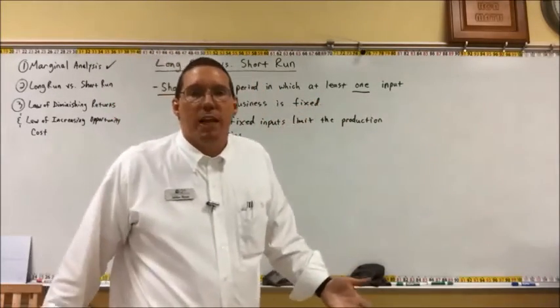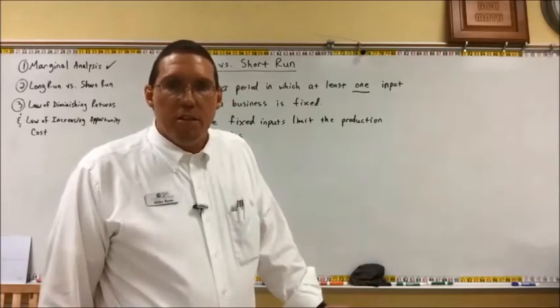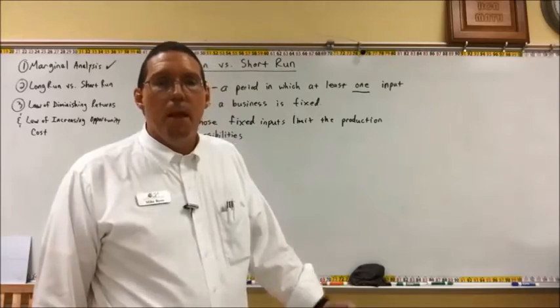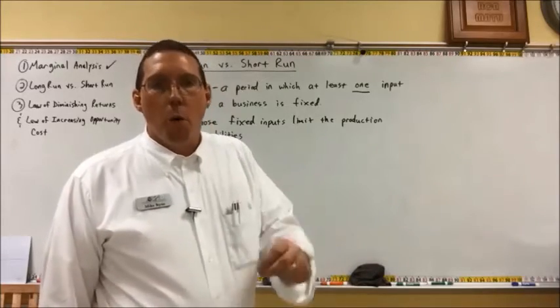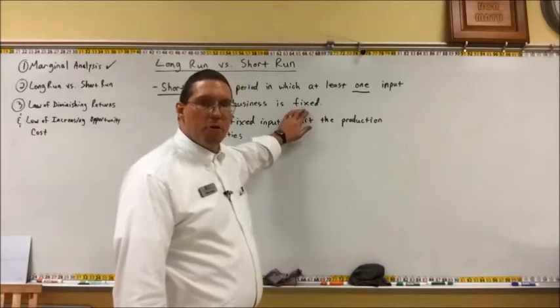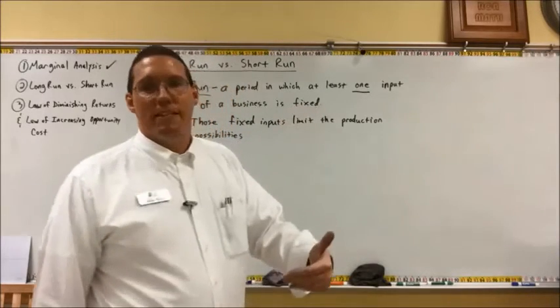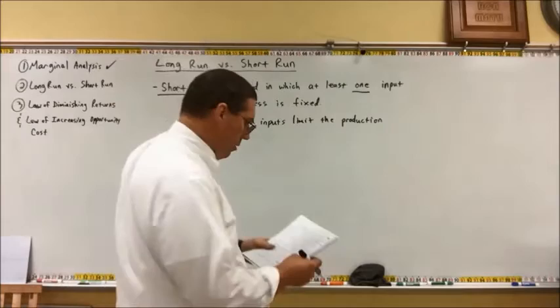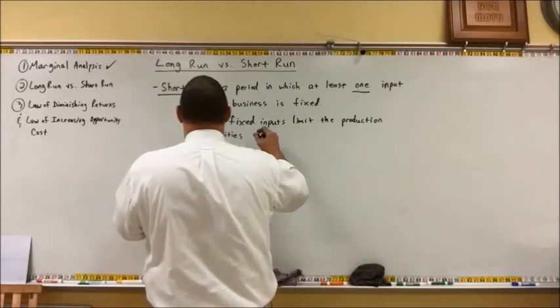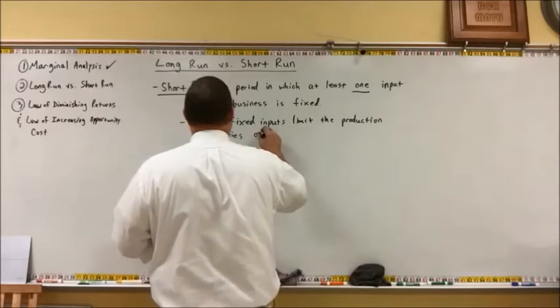Now, that doesn't mean you shouldn't have fixed inputs. Fixed capital is very important to do business, okay? But for the period that you have where your inputs are fixed, you are limited in your decision making, okay? All right, so let's see here. Possibilities of the company.